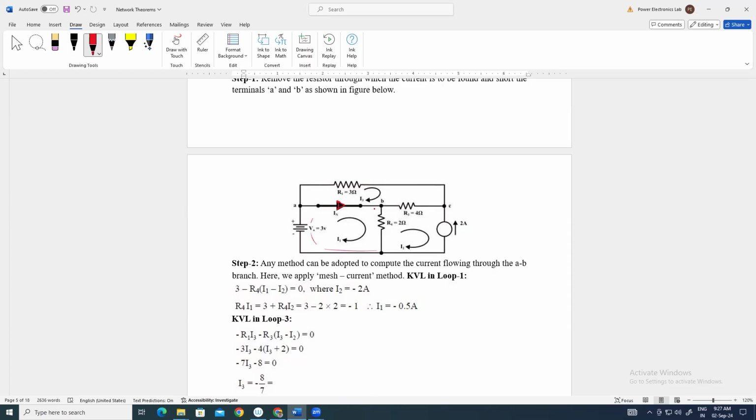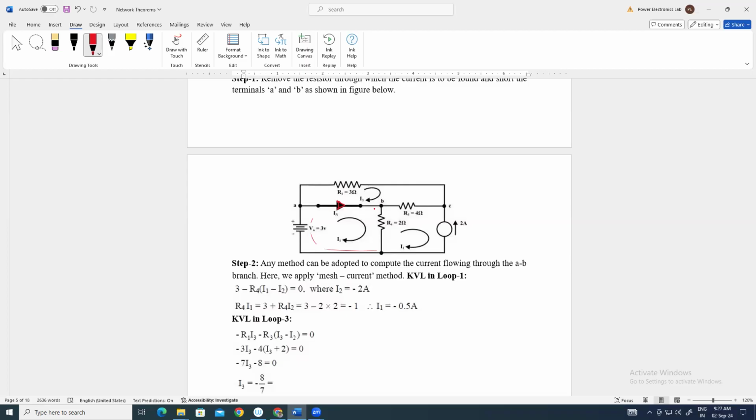Now you can see that there are three individual loops in this circuit. If you use the mesh method, it will be easy to solve the circuit. To apply the mesh method, firstly we have to identify the number of meshes.